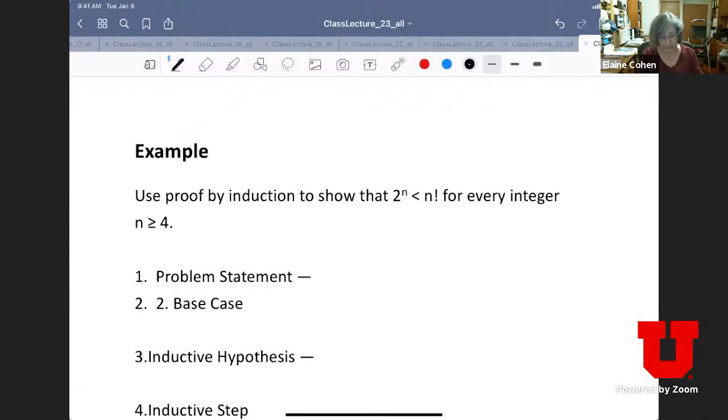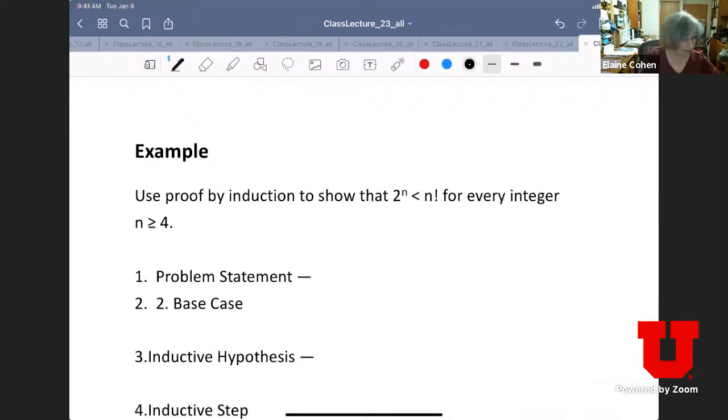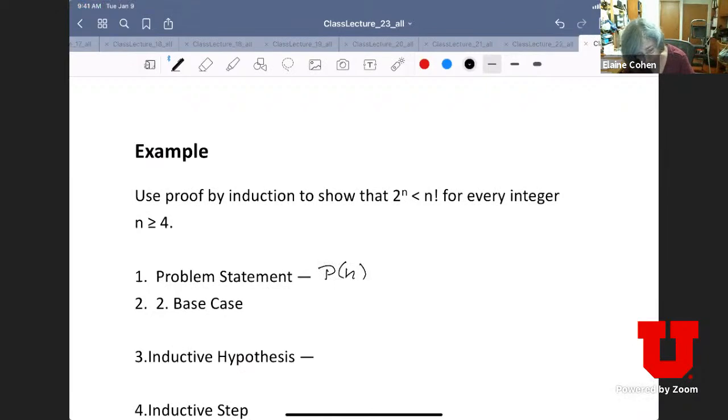So here's an example. We use proof by induction to prove that 2 to the n is less than n factorial for every integer n where n is greater than or equal to 4. All right. So what's our P of n? What would P of n be?